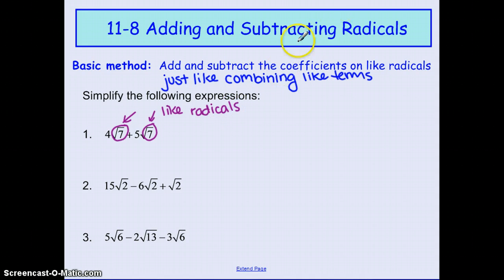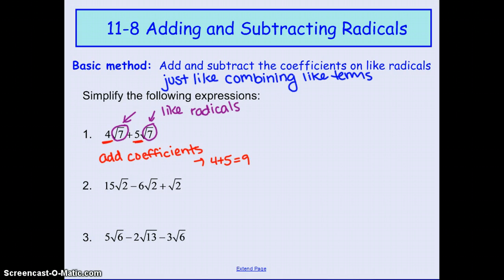And when you see like radicals, that means that to add them together, what you want to do is add the coefficients. So we have 4 square roots of 7, and we're adding that to 5 square roots of 7. So we're going to add the 4 and the 5 and get 9.